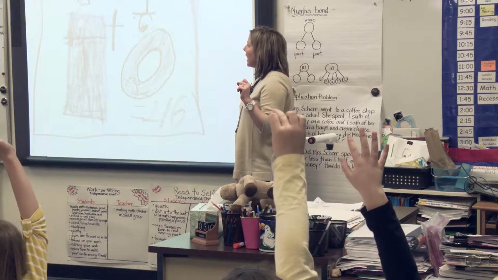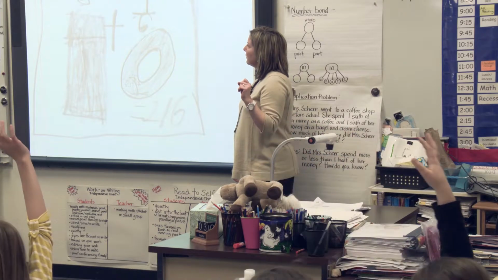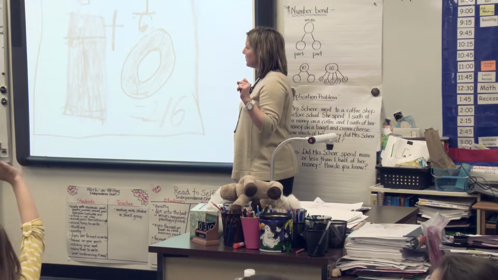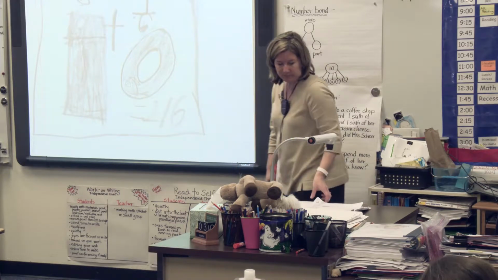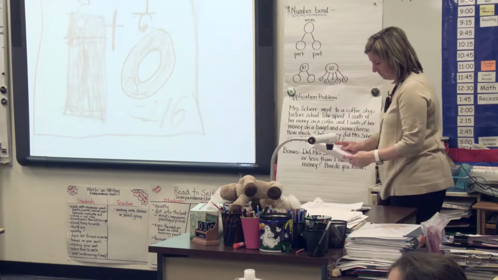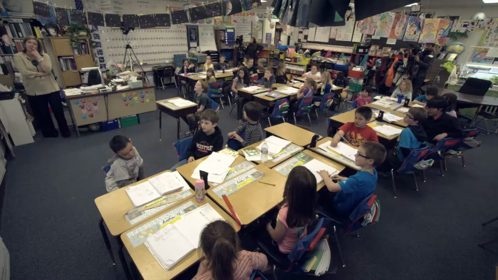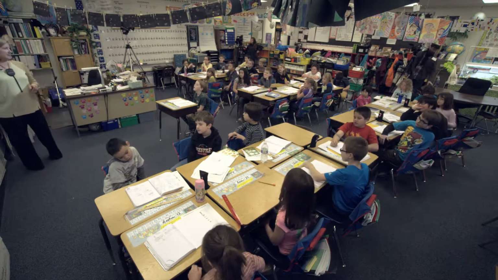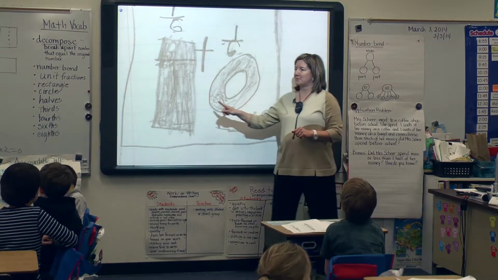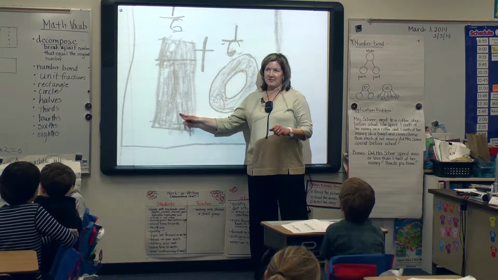Thank you. Will, can you explain what you were just sharing with me with this justification? If you add the bagel and the coffee... Okay, wait, but you said something. What is this representing? A bagel. And what's this representing? Coffee. I didn't realize that.